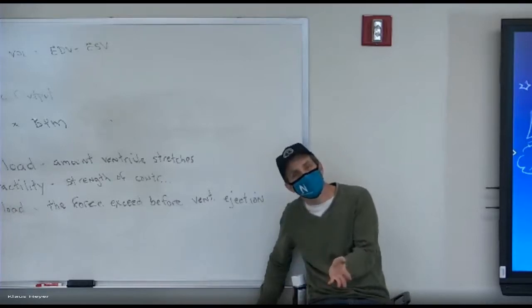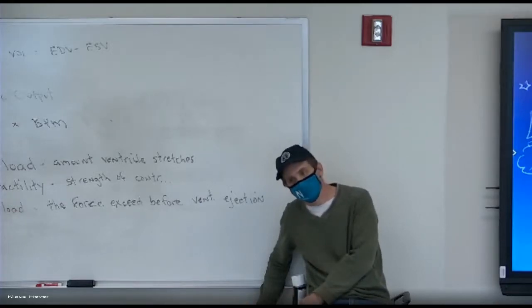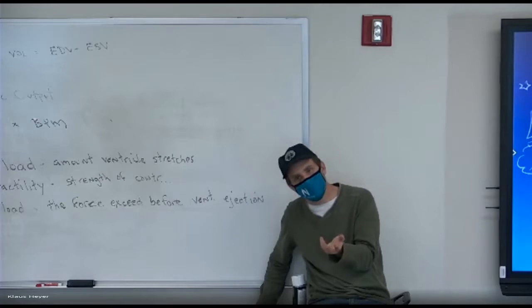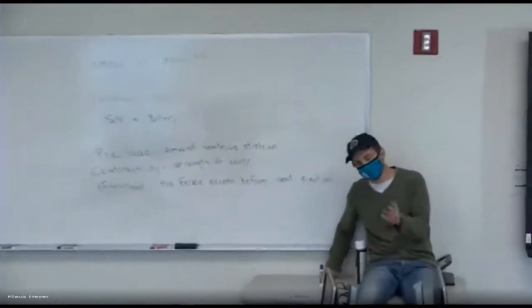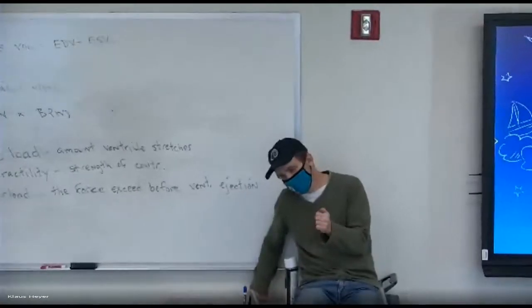Then it goes to the lungs. It comes back from the lungs through the pulmonary veins. Left atrium, mitral valve, left ventricle, out through the aortic valve, into the aorta. That's going through the body, back to the vena cava.